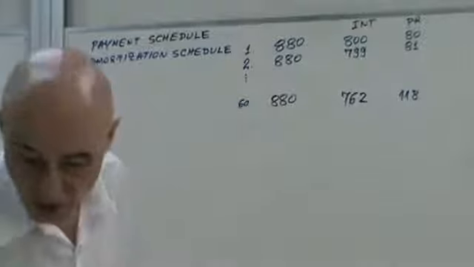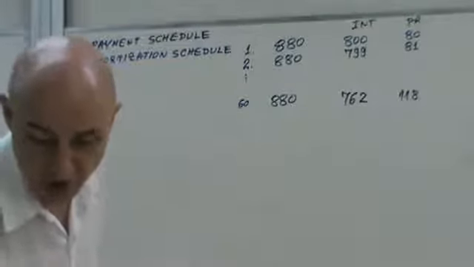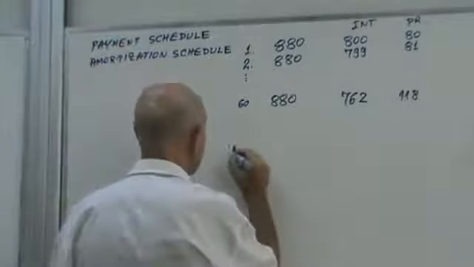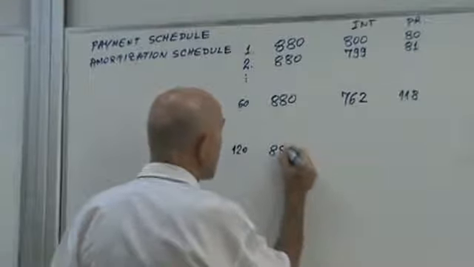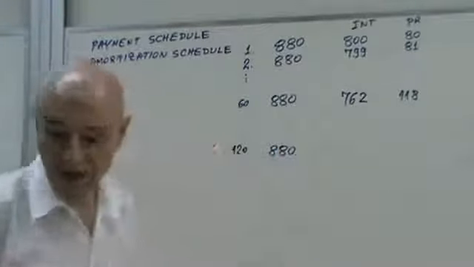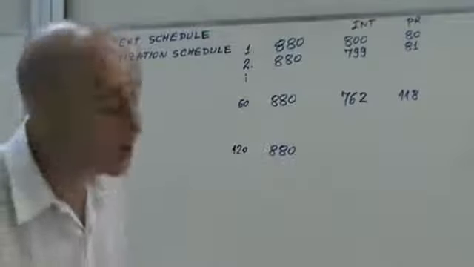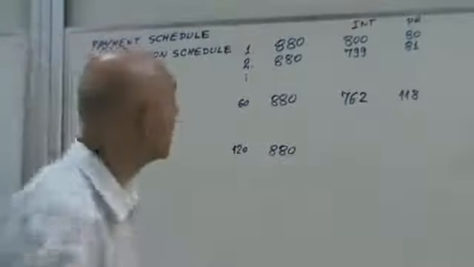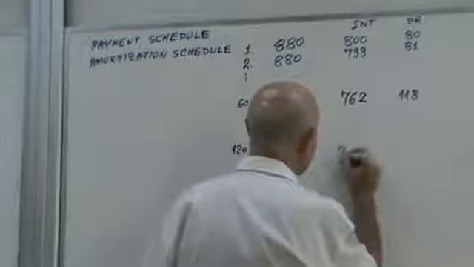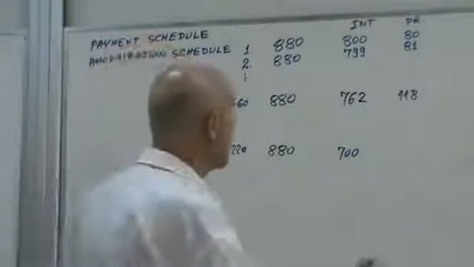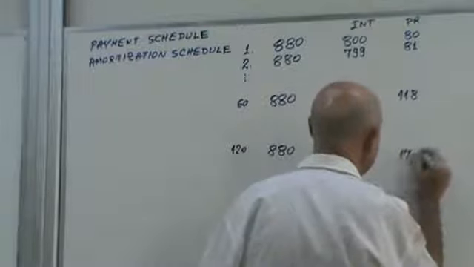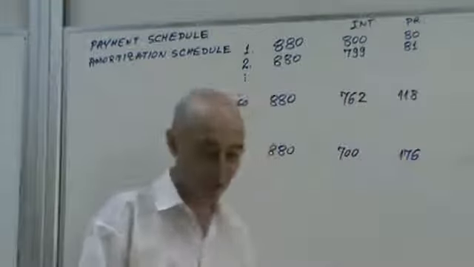And then you can go further down after 10 years or 120 payments. You're still going to be paying $880. And then $700 will be going for the bank, and $176 will be going for you.